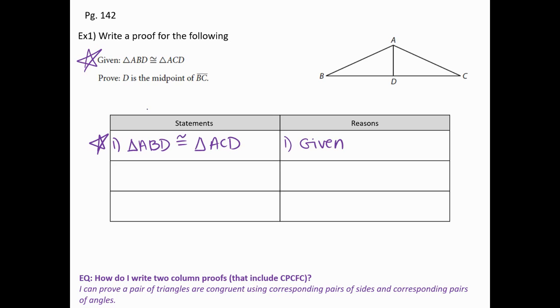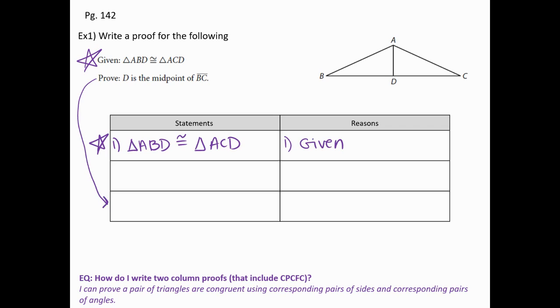The other thing that we could automatically write if we were sure how many steps it's going to take, and you can see I have this pre-built, so we know we're going to do it in 3 steps. But normally, if you're writing it from scratch, you wouldn't know how many boxes. And that is that the last statement is always what you're trying to prove.